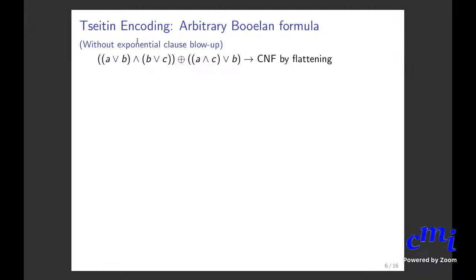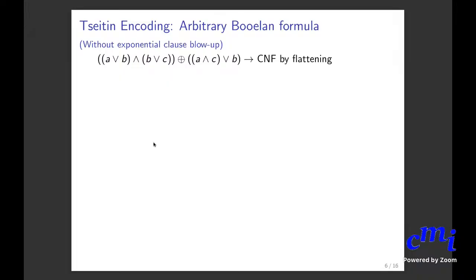This is an encoding wherein an arbitrary Boolean formula that is not in CNF can be converted into CNF without the exponential blow up, but by introducing additional variables that are linear in the size of the connectives involved. Almost all SAT solvers use this Tseitin encoding, due to a logician called Tseitin.